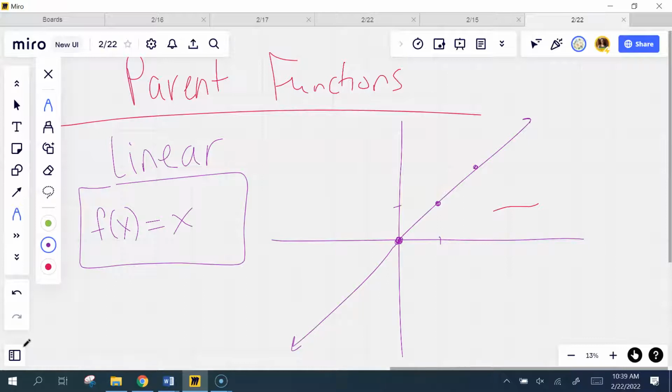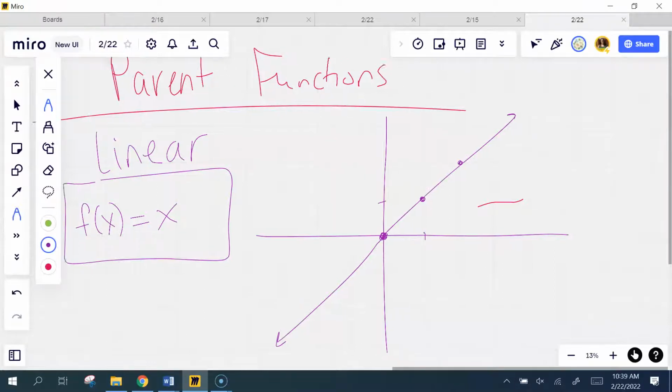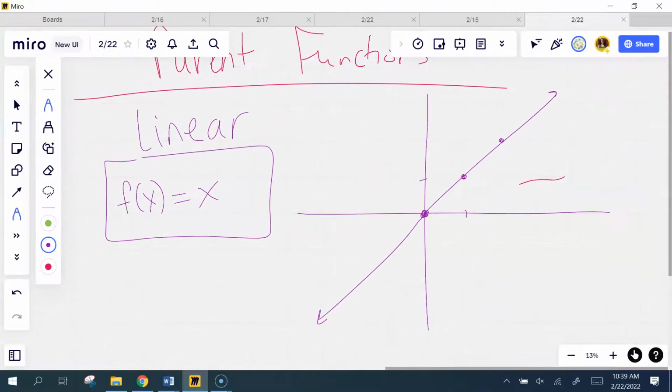Okay, so let's talk about some, it says characteristics, I call it analysis over on the right. This is just of the parent function, so just the function y equals x, what is the domain? Negative infinity to infinity. How about the range? The same thing, it's negative infinity to infinity. This is your most basic parent function, y equals x.